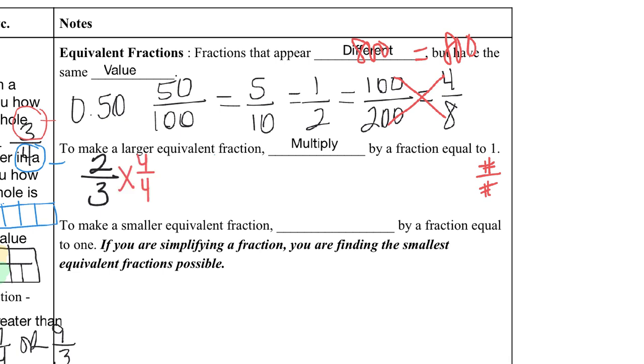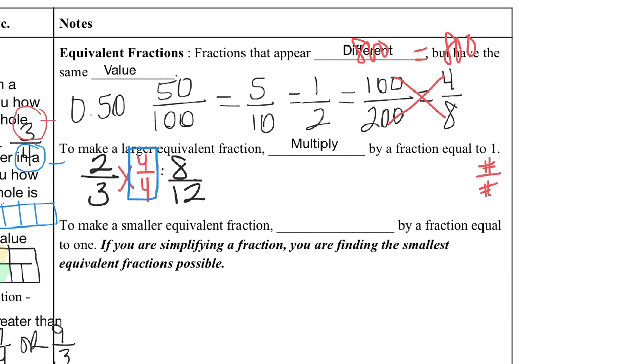So notice that's what I mean by a fraction equal to 1. See how this 4/4, what is 4 divided by 4? It is 1. So I know that when I multiply across, my new numbers will be bigger, but it will still be equivalent. So 2 times 4 is 8, and 3 times 4 is 12.